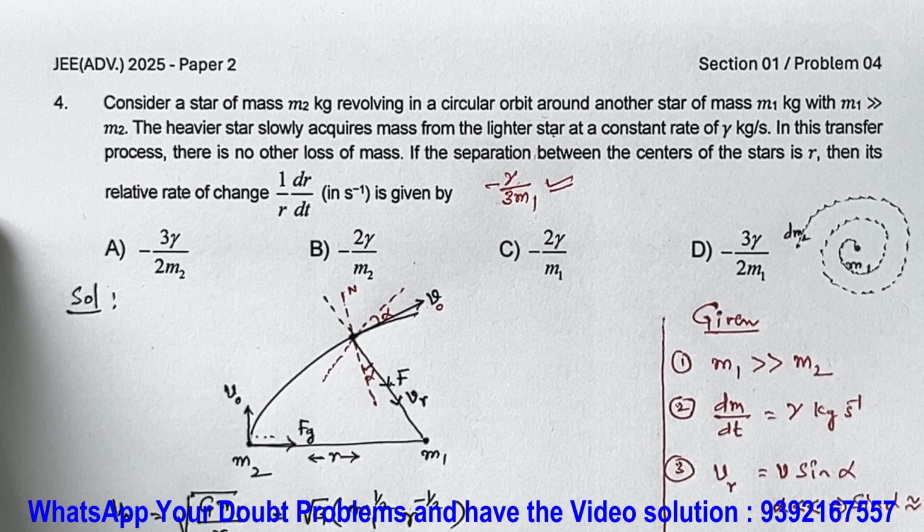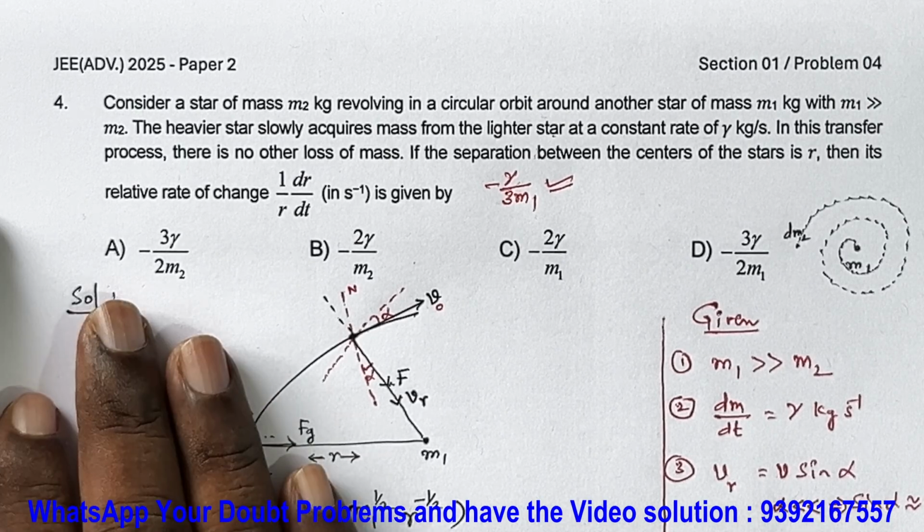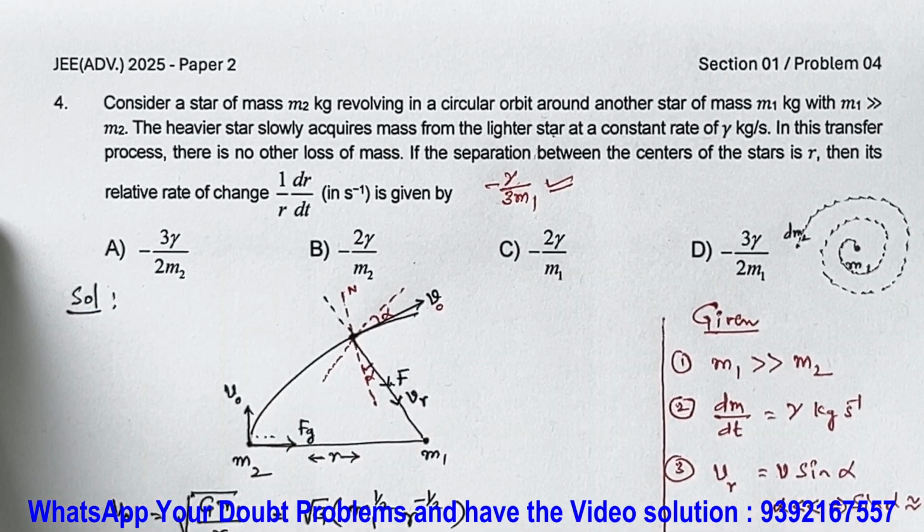Some more small mistakes are there. In other questions small mistakes are there in paper 1 also, but the answer is coming. We have some option, but here the option is not at all there. So in the errors problem also some mistake is there, relative error. Anyhow, this is the answer for this question.